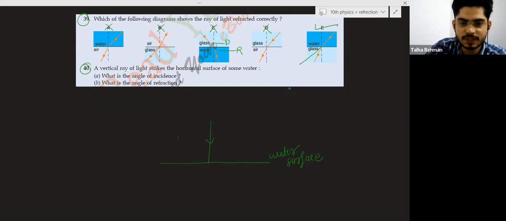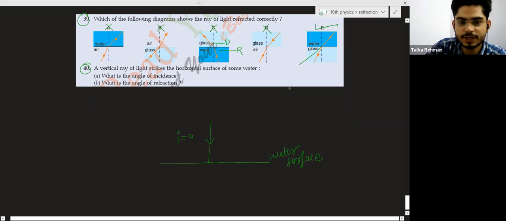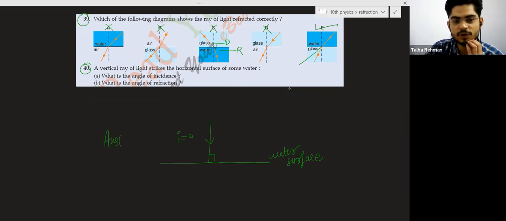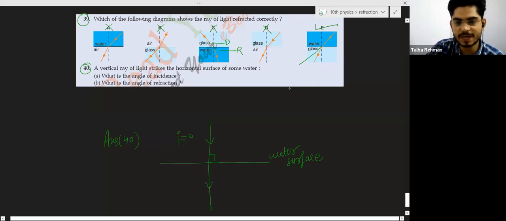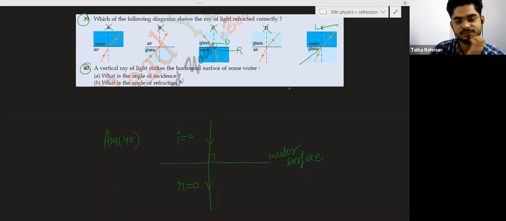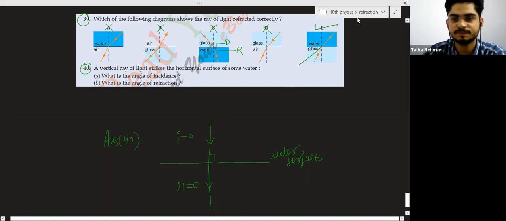And what is the angle of incidence? 0 degree, because the ray of light here is coming along the normal. So angle of incidence is 0. So this light ray will move like this because angle of refraction will also be 0. We have discussed this earlier.